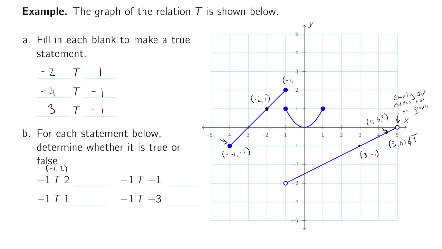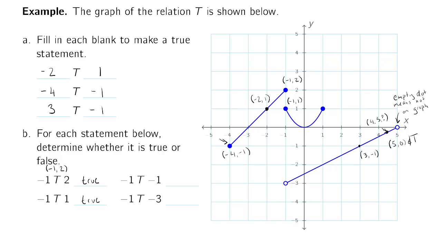Now here's (-1, 2), and we see there's a filled in dot there. So that is in the relation, that's true. (-1, 1), that's this point here. Again, we see the filled in dot, so that's also true.